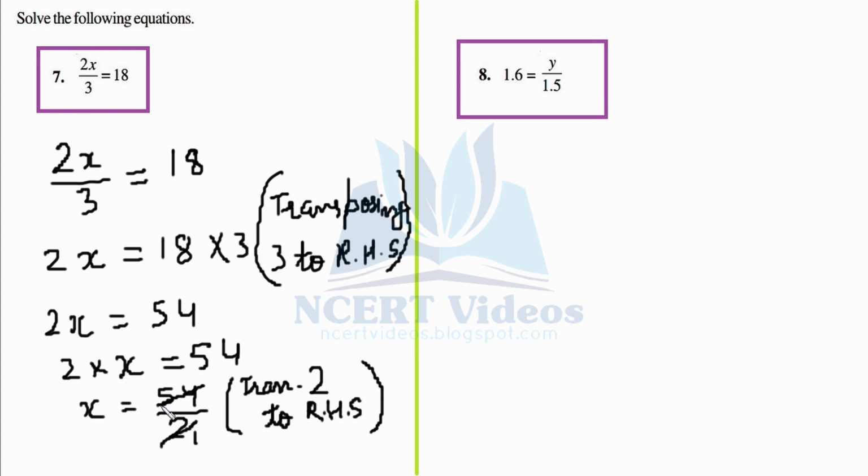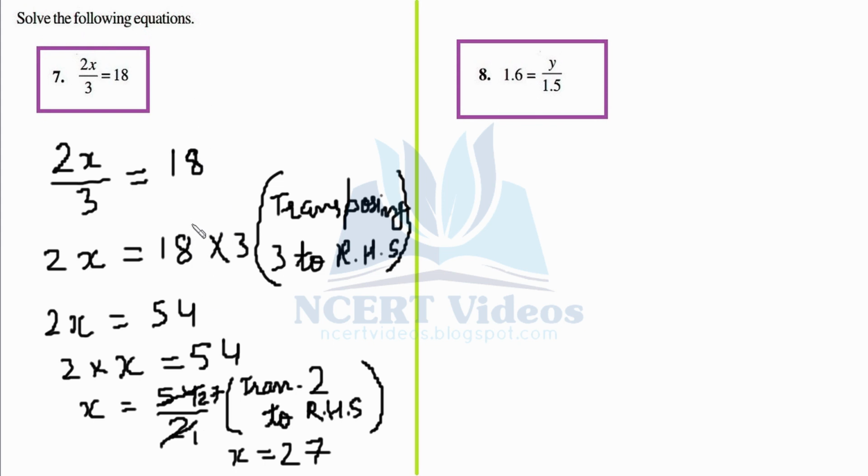Here we have 2 2s are 4, 1 remainder, that becomes 14, 2 7s are 14. So we have x equals to 27 as our solution. Now we would check it. You can check downwards or in the rough space.